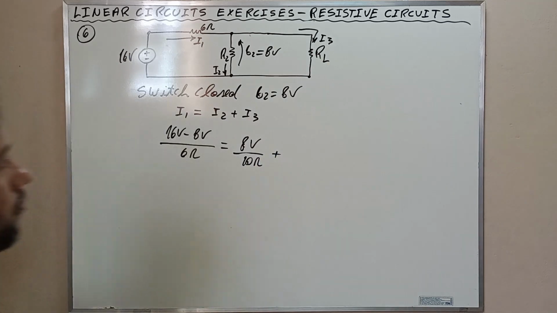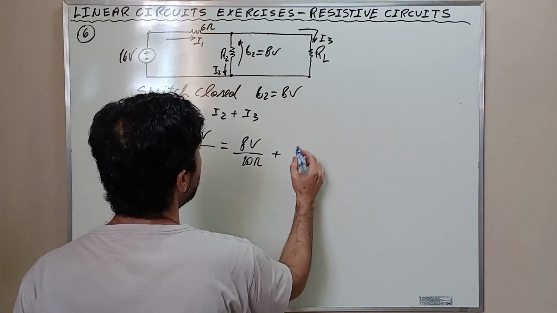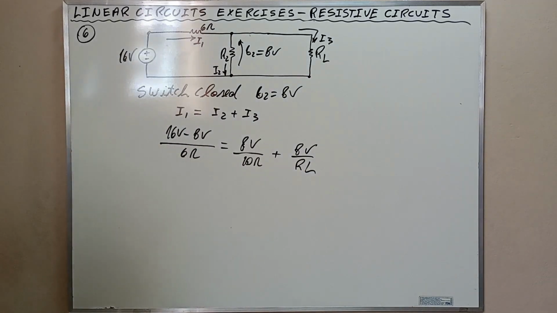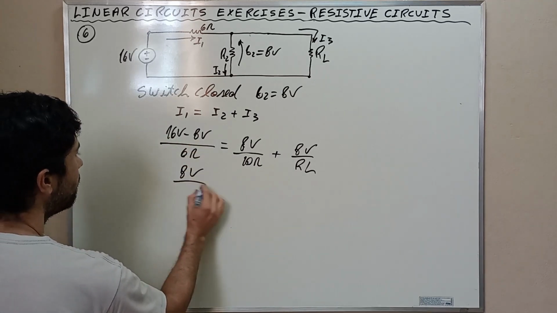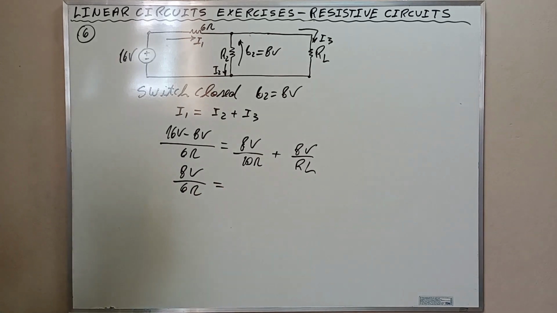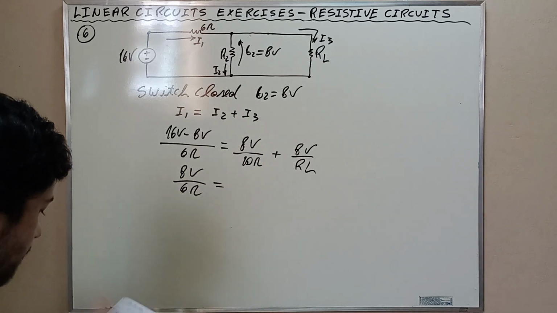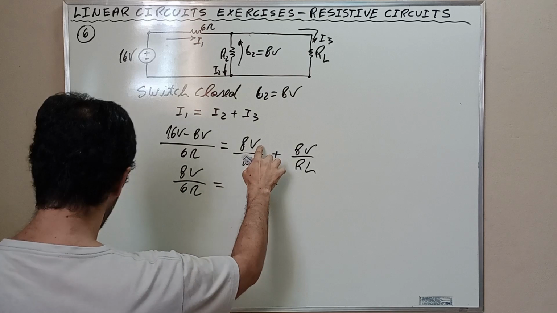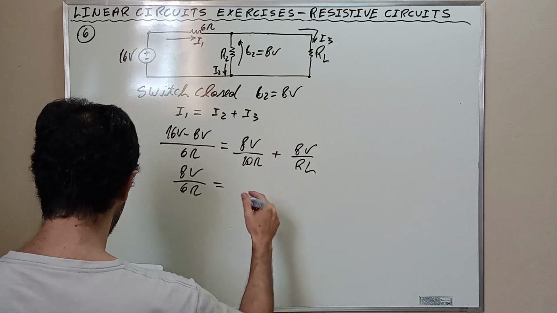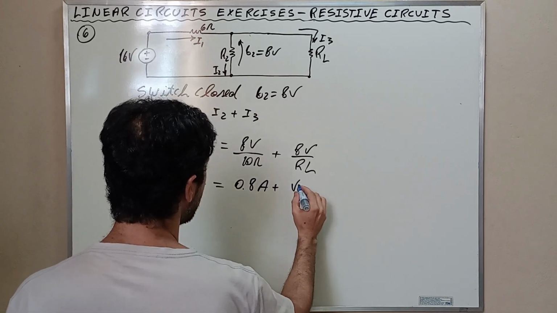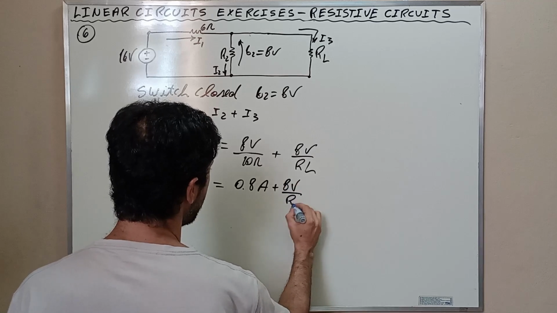And here we are going to find the value of RL. V2 divided by RL. Okay, my friends? And we are going to manipulate this. 16 volts minus 8 volts is 8 volts. 8 volts divided by 6 ohms, and this is going to be 8 volts divided by 10 ohms. 8 volts divided by 10 ohms is 0.8 amps plus 8 volts divided by RL.